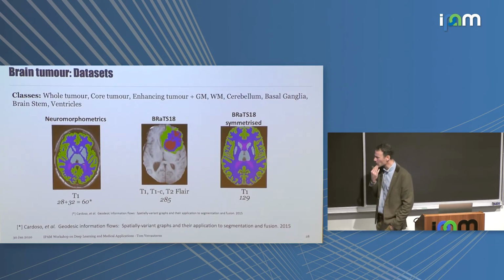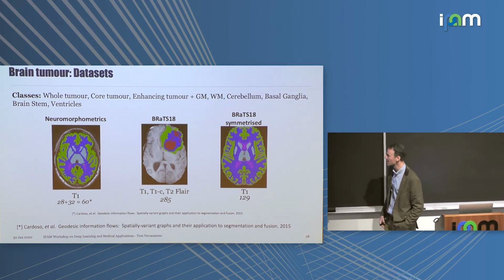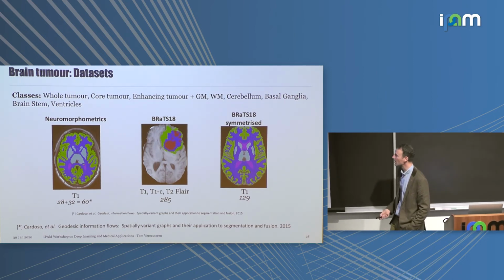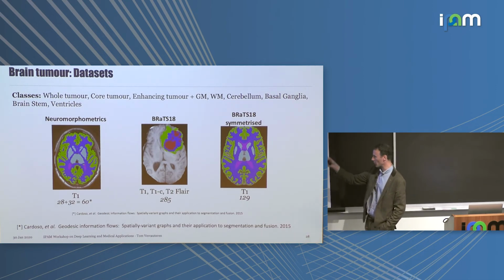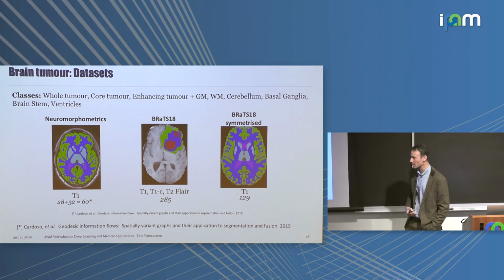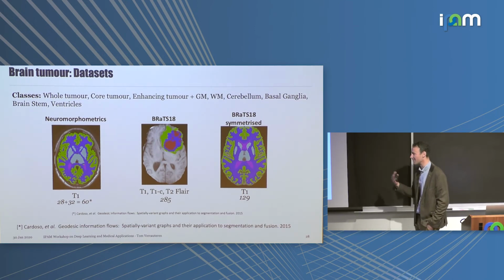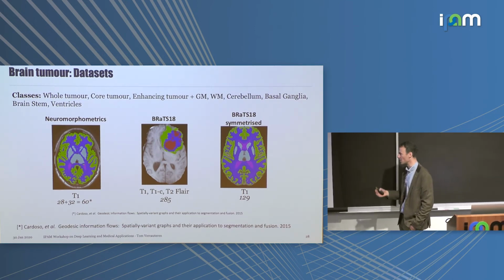We then went on to try and apply that to the tumor cases. We can do the same thing, learning from Neuromorphometrics and BraTS together. But how to validate that was another issue. So we created some form of data set that allowed us to validate some of the assumptions.